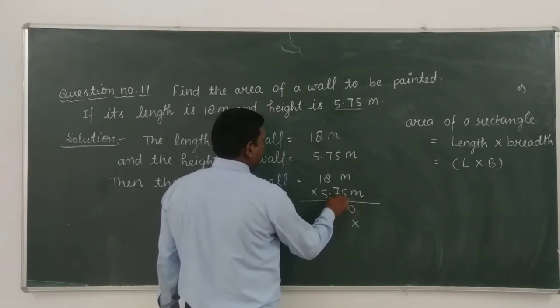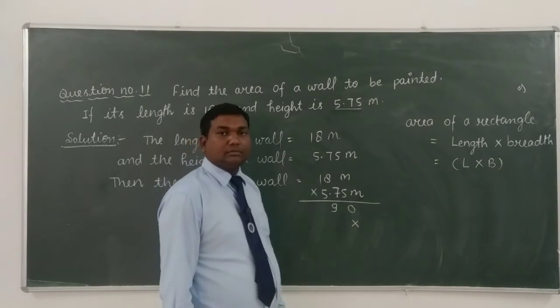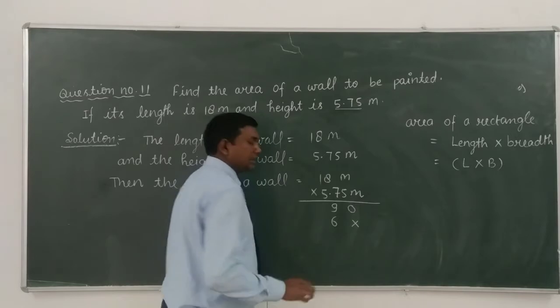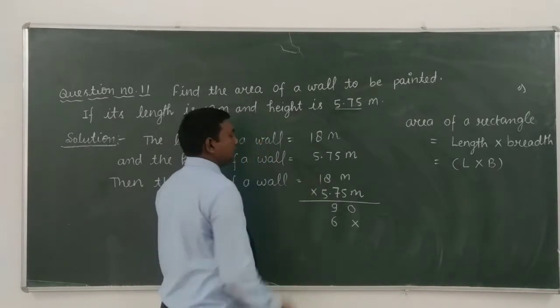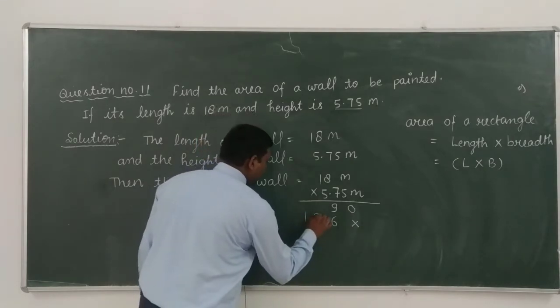Now multiplying by 7. 7 8s are 56, write 6, carry 5, 7 1s are 7, 7 plus 5 is 12.